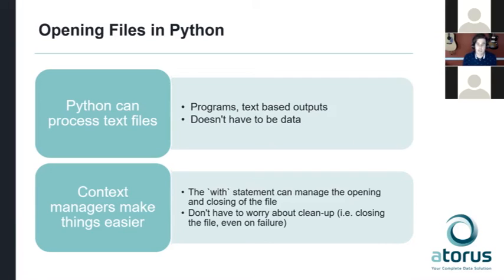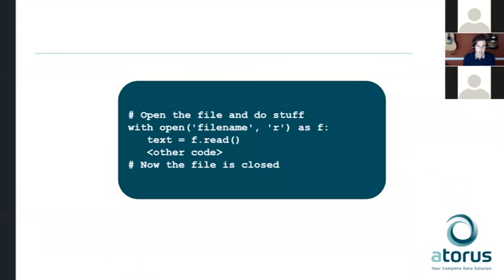So with will handle all that for you, and it will automatically close the file if you hit an error in that loop, which could leave Python with the file open if you don't use that context manager. That might sound confusing, but really the syntax is quite easy.